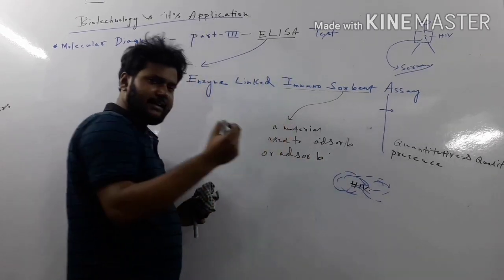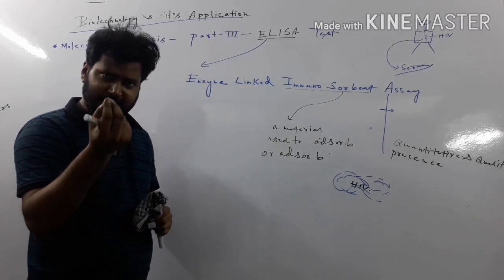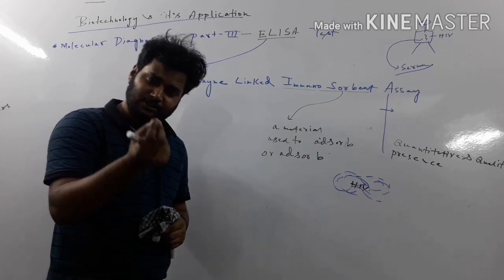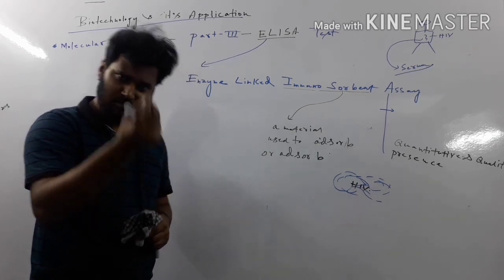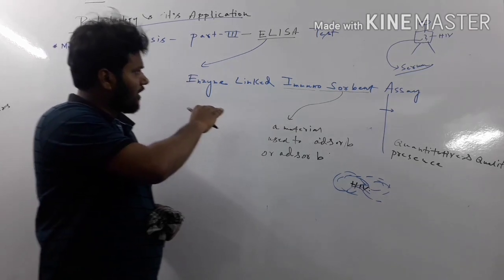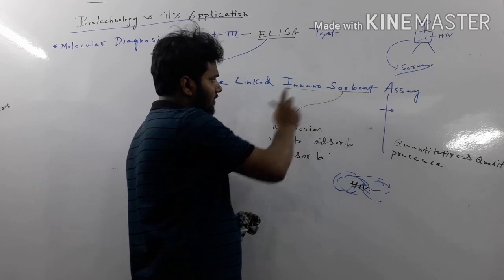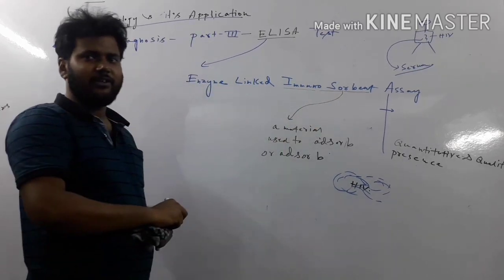So sorbent is one type of material which is basically linked to the adsorbent property. So in ELISA we will do one type of assay where sorbent will be used, and that sorbent will not be a normal sorbent.